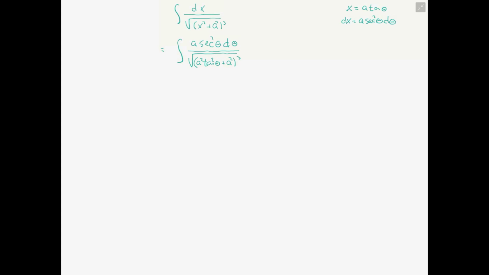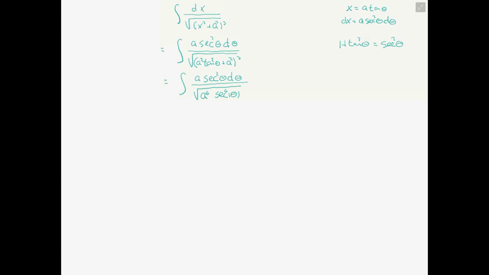And we recognize that 1 plus tangent squared theta equals secant squared theta, identity. Plus we got an a squared down there, so everything is raised to the sixth. So we got a secant squared theta d theta on top of, now this is a to the sixth secant to the sixth theta.